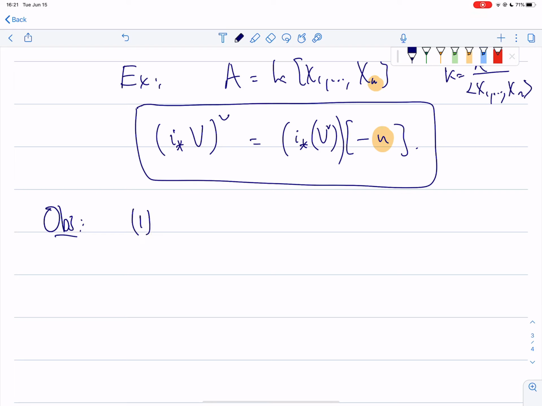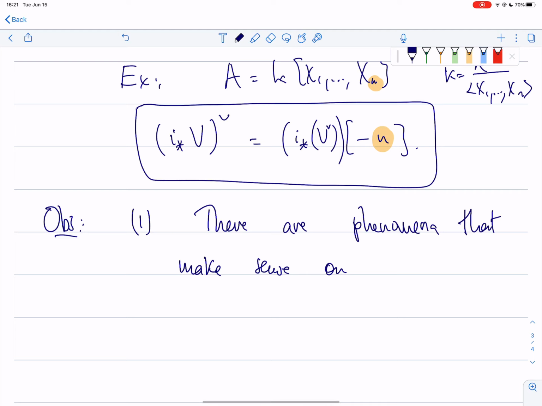so the observations, well, one is that there are phenomena that occur, that make sense on derived categories, but not on the level of modules.